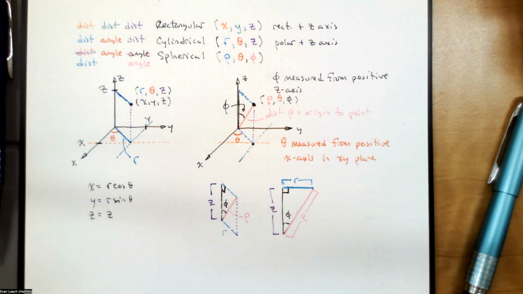So now we can see a relationship between rho and R and Z and phi. Those are the only ones that we need because theta is the same in cylindrical and spherical coordinates.